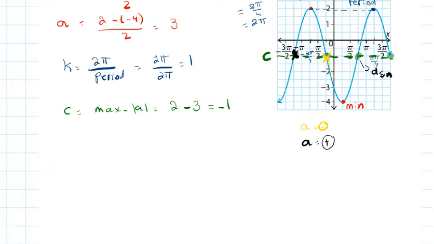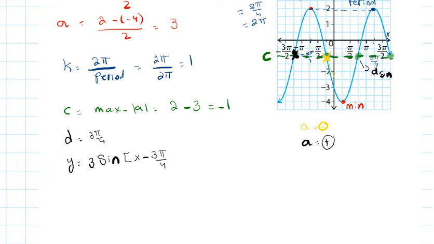And then my function is going to be y equals, the a value is 3, so 3 sine, and k is 1, so I don't need to include k. And then it's going to be x minus, because I moved 3 pi over 4 to the right, it's going to be minus 3 pi over 4. And then take away 1 for c.